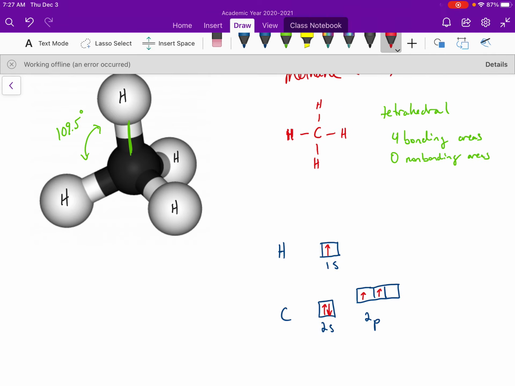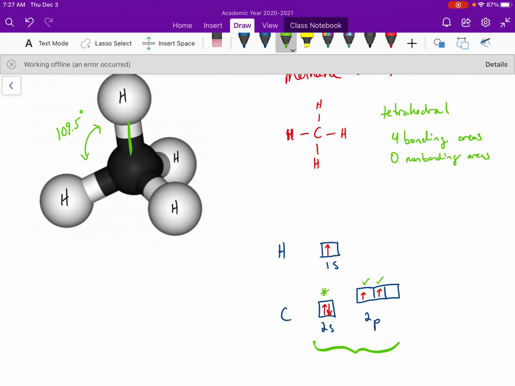Okay, so how do we get methane out of this? If you look at the carbon right here, right now, it looks like it only has 3 available orbitals to bond with because this 2s is already filled up. So I have a space here where I can overlap, I have a space here where I can overlap, but then I have an empty orbital here, so I would need to put 2 electrons in there, right?